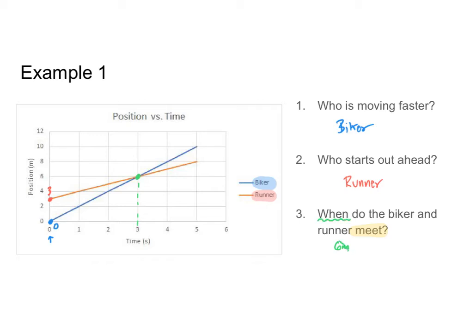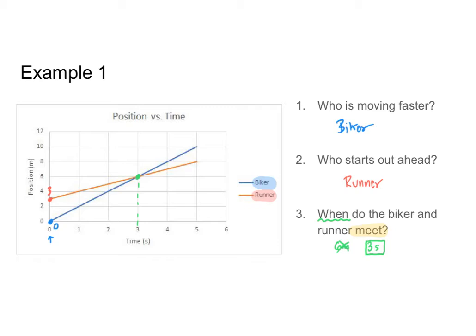So our answer here is they meet after 3 seconds. From this graph, we've been able to figure out the relative speeds of our biker and runner, who starts out ahead of the other, and when our two different folks intersect with one another.